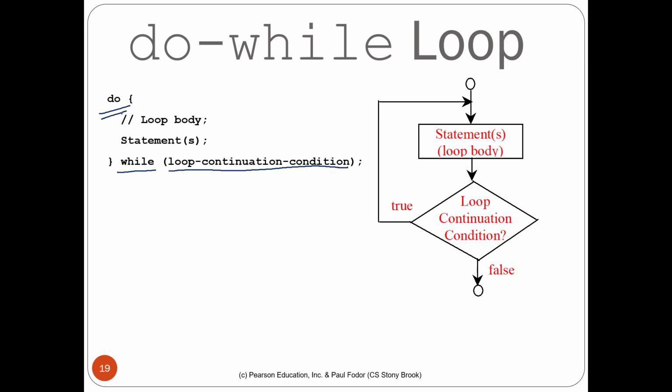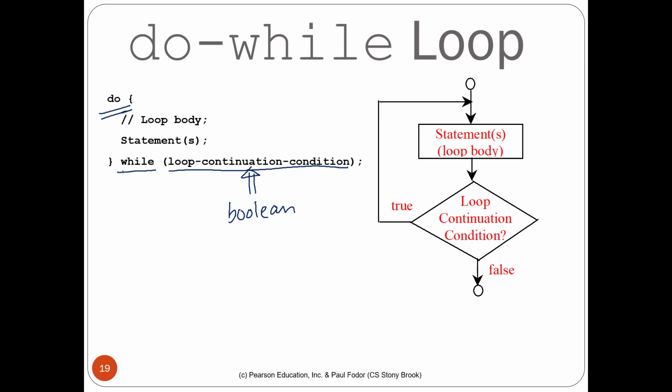You get a first free ride into the body of the loop, and after the first free ride, you need to satisfy the condition to enter the body a second time. First time is free. Alright, the first time you can enter the do while loop, whereas for the second time, if you want to re-enter the loop, you need to satisfy this condition. Alright, and this condition is the same as the one you had in the while loop.